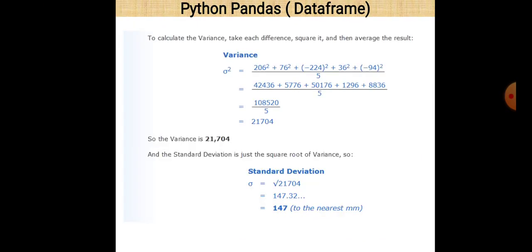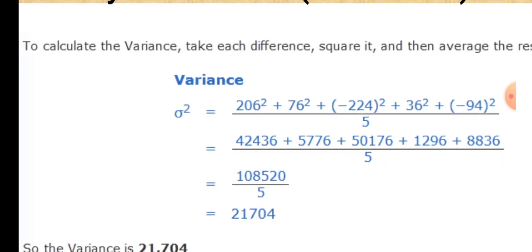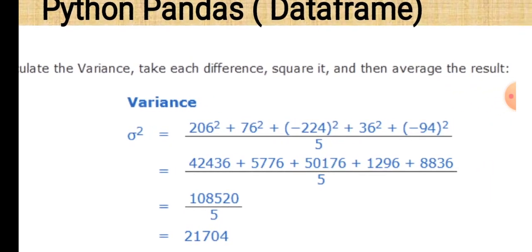Variance is nothing but the square of the standard deviation. So if we find the variance and then take its square root, we easily calculate the standard deviation. To calculate the variance, take the difference from the mean first: subtract each value from the mean, and then take the square.